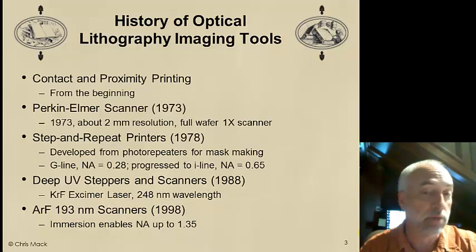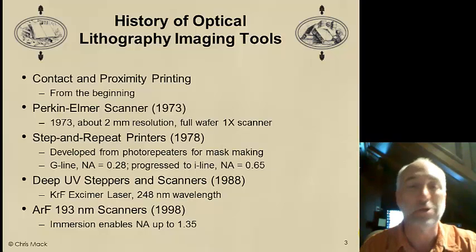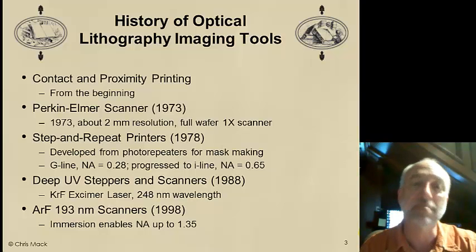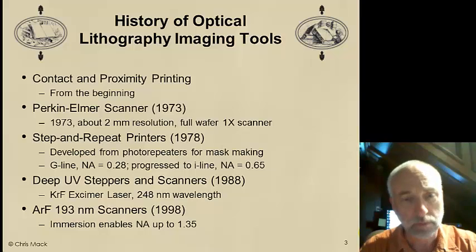We started out with a G-line tool with an NA of 0.28. I'll talk about what those terms mean later. Some of that today, some of it in a future lecture. And then about every decade we've been lowering the wavelength.